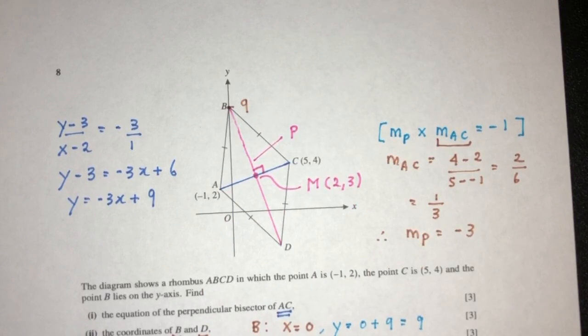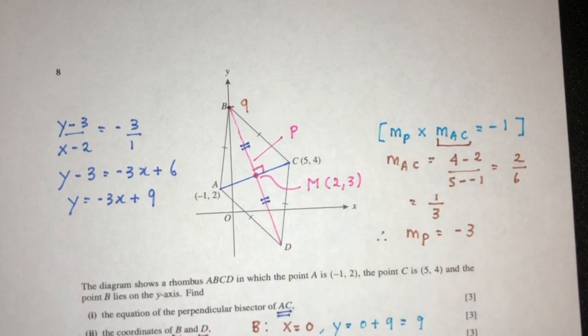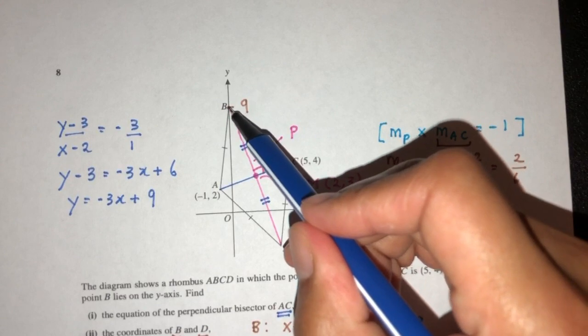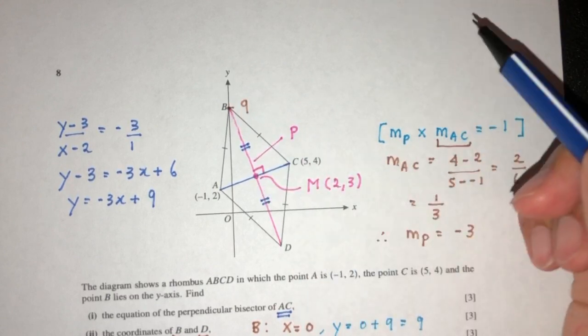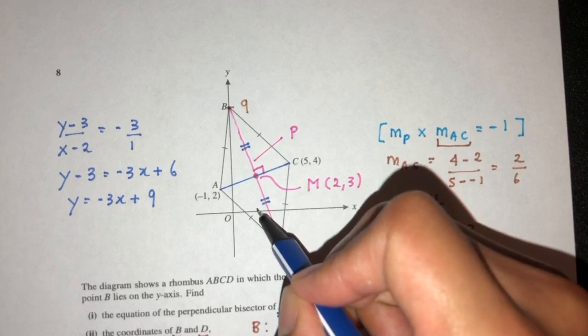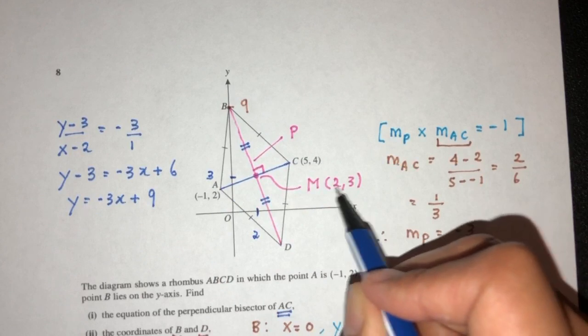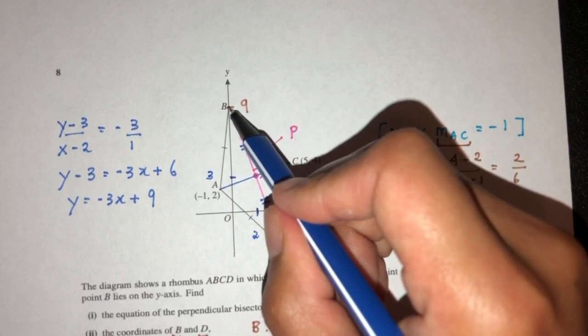Now in this case, we can just use vector movement to go to point D. For example, we understand that the length here and the length here are the same, right? Now how can we move from B to the midpoint? If you think, this is the point 2, 3, and here we have 9.